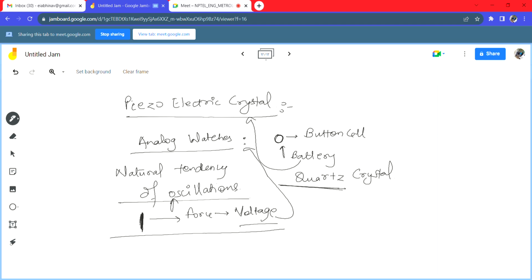Where else do we find the application of a piezoelectric crystal or a quartz crystal? In our microphones. So you might have seen your mics being made like this. Now here, when you open up this black portion, you would always find a small round circular thing.